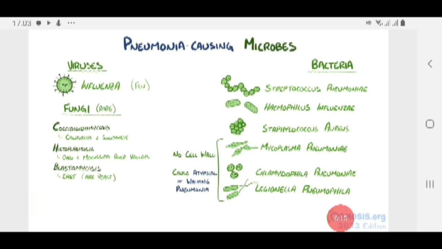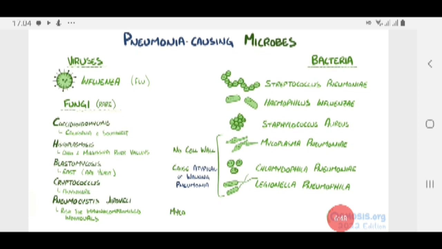To round out the fungal causes in the U.S., there's Cryptococcus, which is cryptic because geographically it can pop up really anywhere. Now, one special fungal culprit is Pneumocystis jirovecii, which is a risk for immunocompromised individuals.